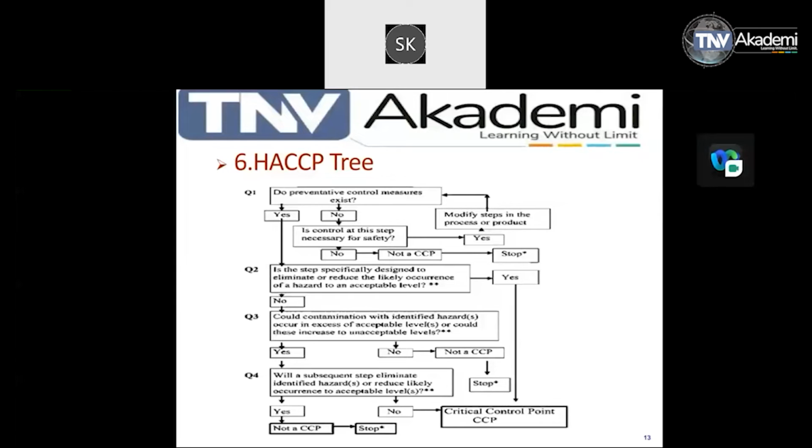If you have a mixer with a magnet, in the first step you take your magnet for identification of iron particles, and later in a second step you also reduce the iron particles. So when there is a step which can eliminate the occurrence of the hazard to an acceptable level, that step should be declared a CCP.